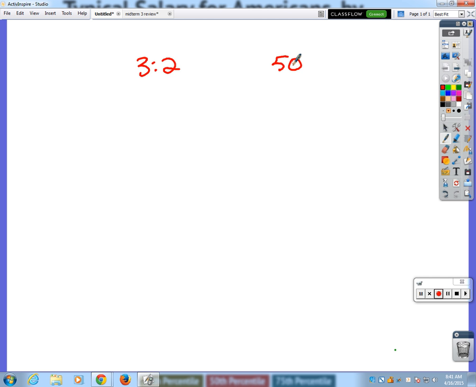So you go, if I take 50 and divide it by 5, that's 10, so then this piece is 30 and this piece is 20, almost like that. Does that make sense for us?